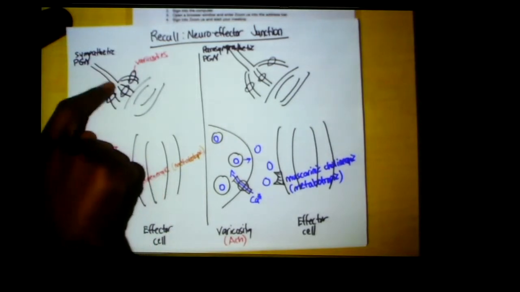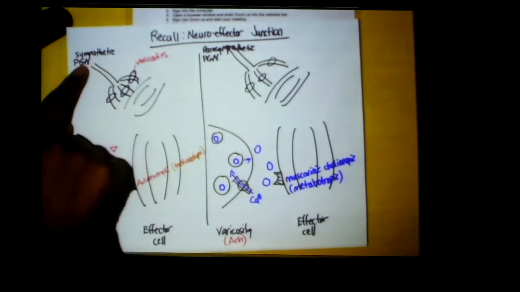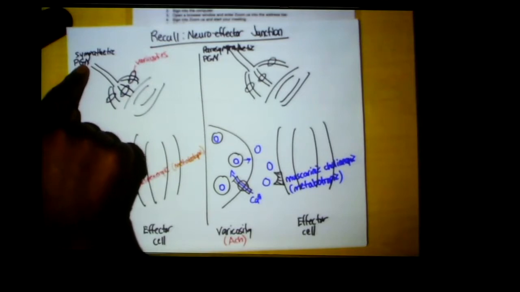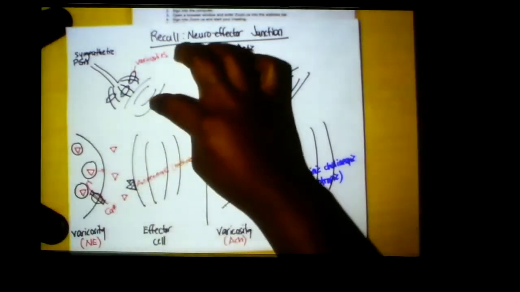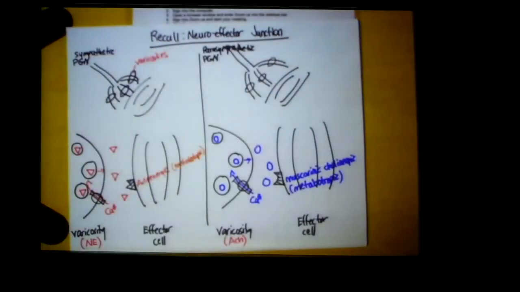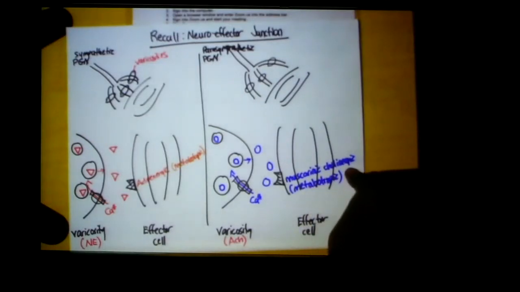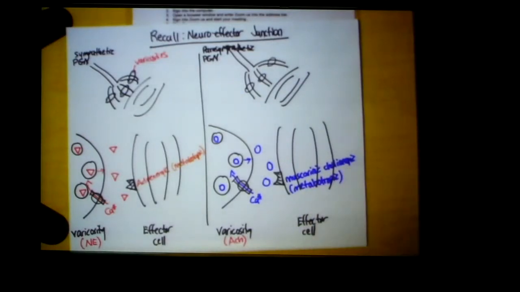All of the somas of this second neuron will have the nicotinic receptors, but the effector cell has a different type of cholinergic receptor. It's a muscarinic receptor. Okay, and understand the difference between nicotinic and muscarinic. Nicotinic receptors are ionotropic. Muscarinic receptors are metabotropic, okay?